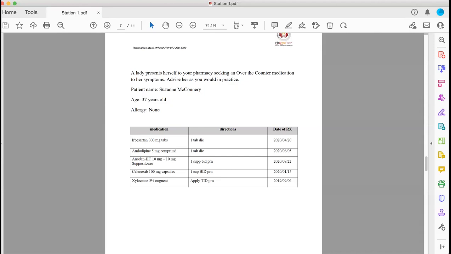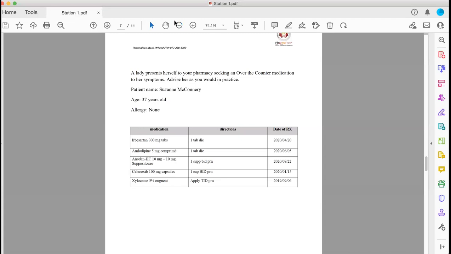This patient is a female, right? She didn't ask about pregnancy and breastfeeding. Guess what? She is pregnant. So what is the problem with being pregnant here?